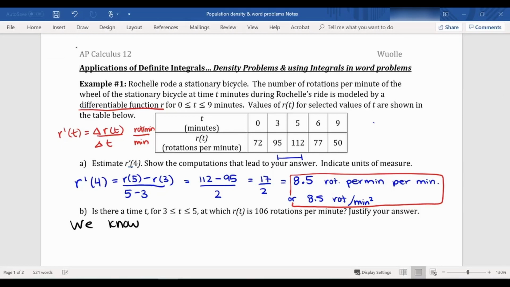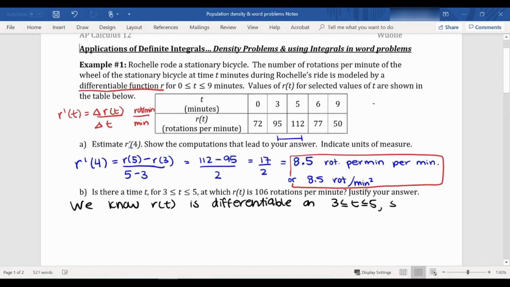So we know r is differentiable on 3 to 5 because the question says it's actually differentiable from 0 to 9. So therefore, r is continuous on 3 to 5. So if I think about this logically, again, if it's continuous, it must reach every value between 95 and 112, right?